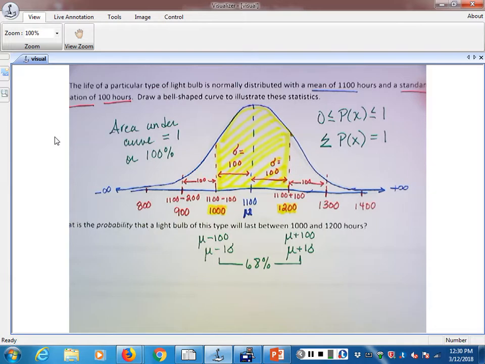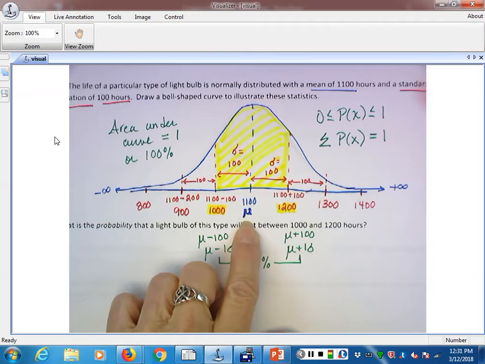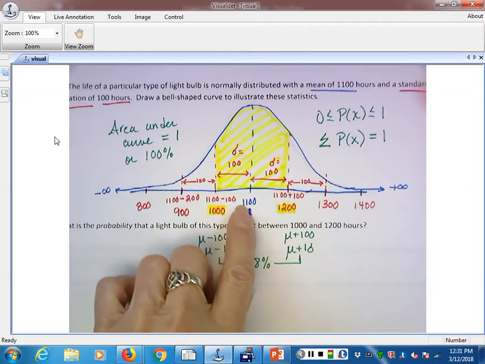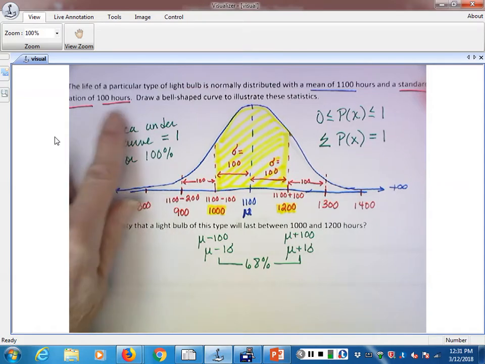Okay. Could you go through that new stuff again? I don't want to get why. Because this is the properties of your curve. Properties of the curve says the mean is at the middle. It says each one of these little marks is one standard deviation, which is 100.